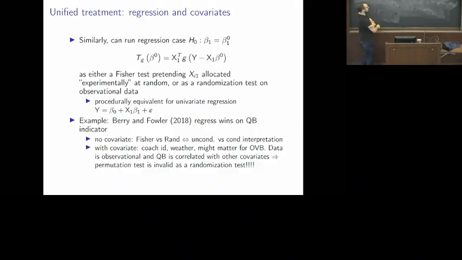Okay, let's think about whether I believe this. What do I need for this to be true? Or put otherwise, suppose that the coach matters for winning, and who the coach is correlated with who the QB is. If there's OVB, first of all, I'm not going to estimate the point estimate I want. There's a much more fatal flaw.